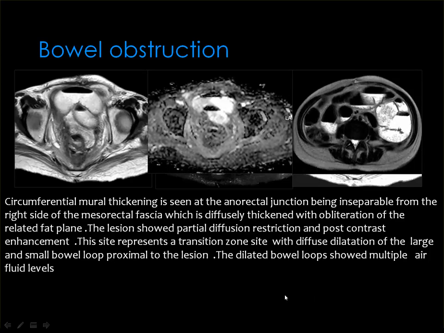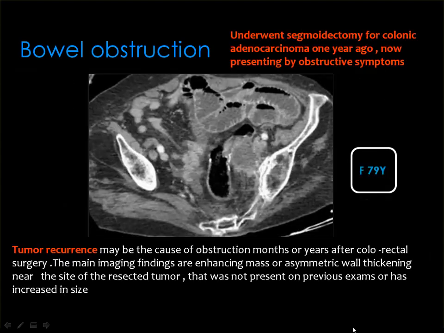The diffusion weighted image shows some restriction. This is the ADC map showing some restriction of diffusion, and here the scan in the upper abdomen showed markedly dilated bowel loops with multiple air fluid levels.